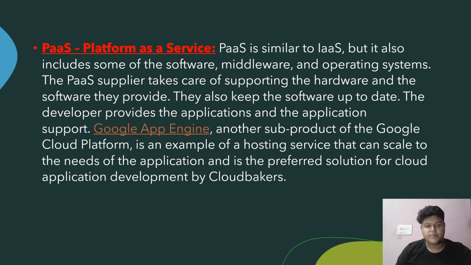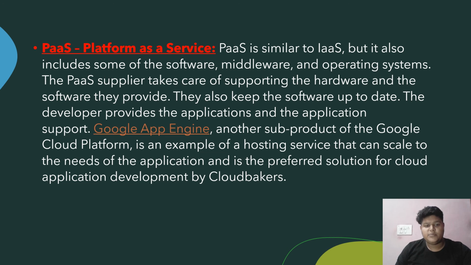The third one is platform as a service. Platform as a service is similar to infrastructure as a service, but it also includes some of the software, middleware, and the operating system. The platform as a service suppliers take care of supporting the hardware and the software they provide. They also keep the software up to date.